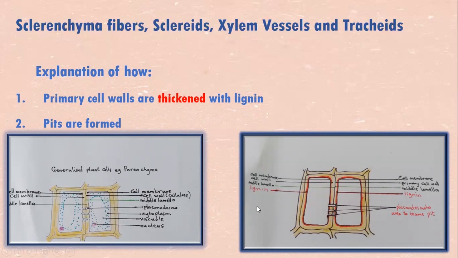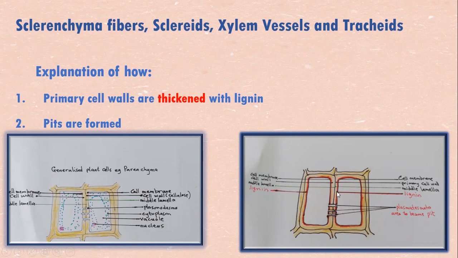Now, lignin is laid on plant cells starting from outside the cell wall, very close to the cell membrane, all right? So the lignin is laid, and more lignin can be laid, and more lignin laid, and the cell dies, and a lumen is formed.